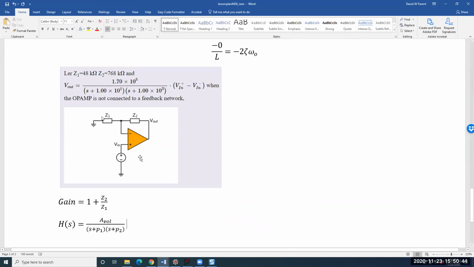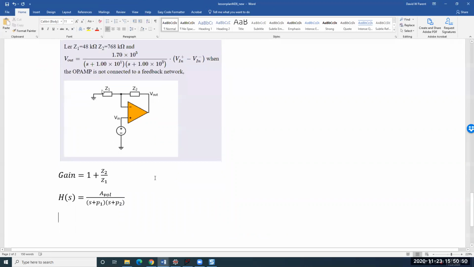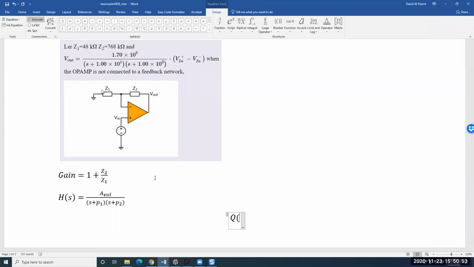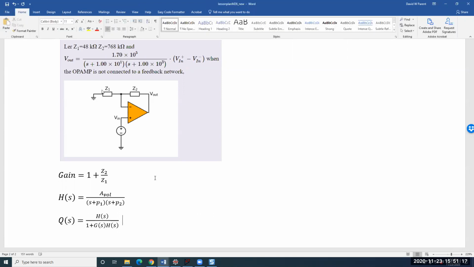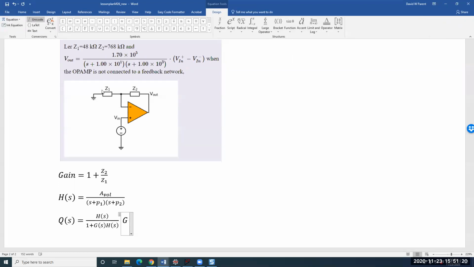Now, in order to find out anything about this system, we have to put it into the control systems type equation. Now, in this case, those impedances are just resistors, right?